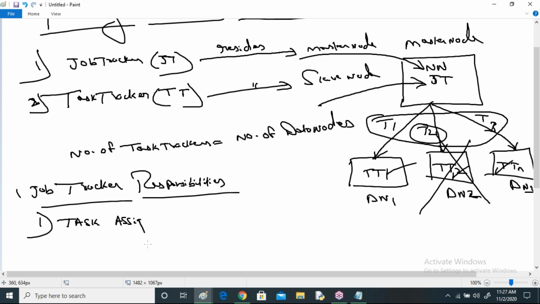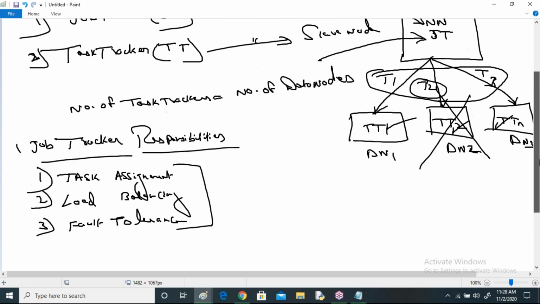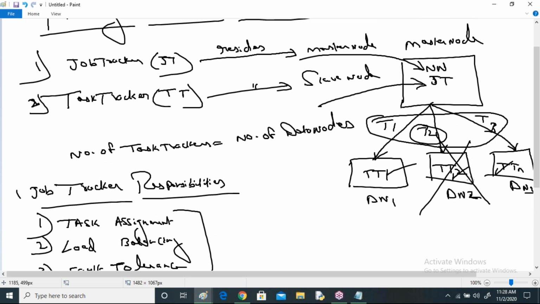Then load balancing, and fault tolerance. If any slave goes down, the task needs to be processed by any of the other slaves. So: task assignment, load balancing, and fault tolerance.